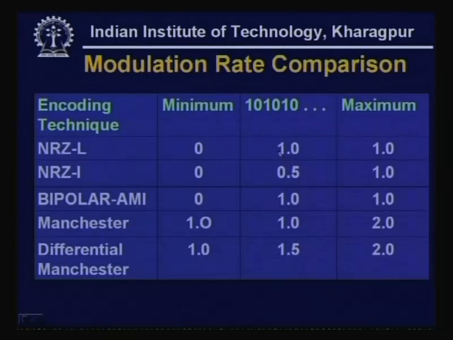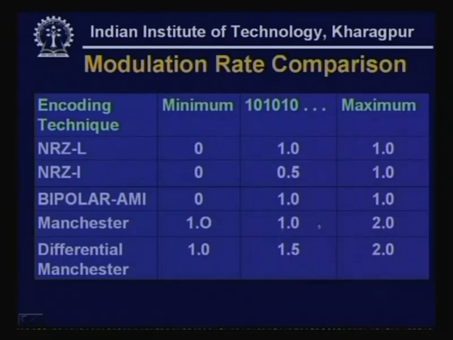For NRZ-L it is 1, for NRZ-I it is 0.5, for bipolar AMI it is 1.0, for Manchester it is 1.0, and for differential Manchester it is 1.5. And look at the maximum. The maximum occurs in the case of Manchester and differential Manchester, which is 2.0.